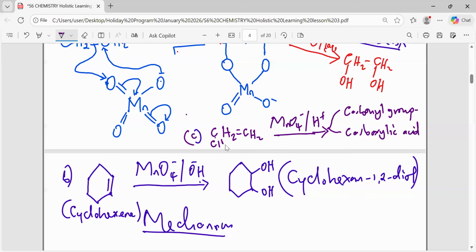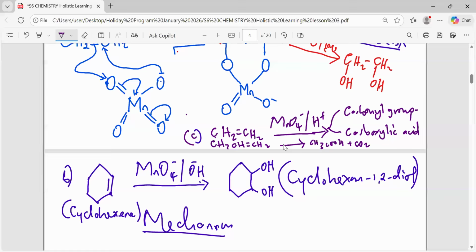For example, if you have propene, CH3-CH=CH2, strong oxidation shall give ethanoic acid and carbon dioxide gas, which means here we shall be having methanoic acid and carbon dioxide gas. Are you getting that? Yes, so I believe now it is clear.